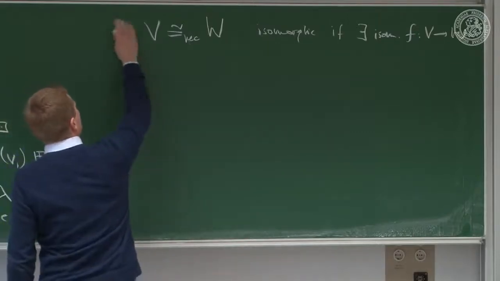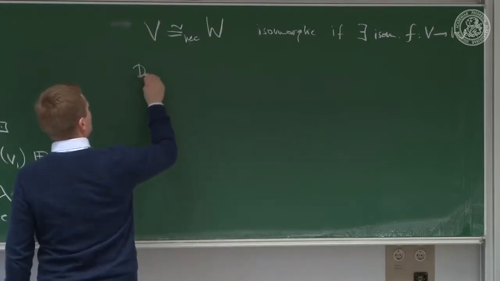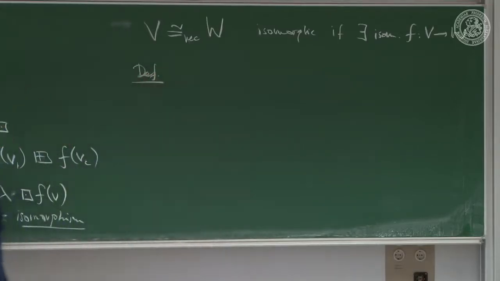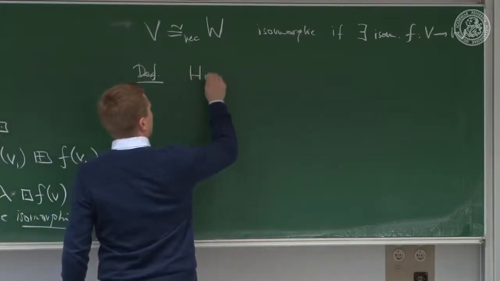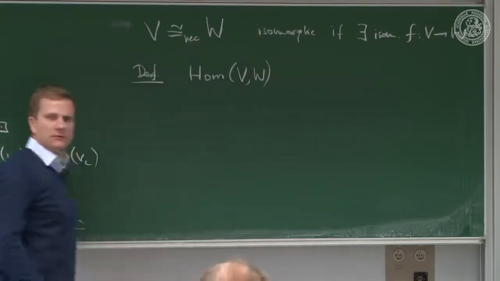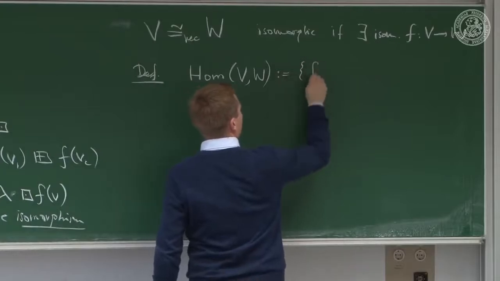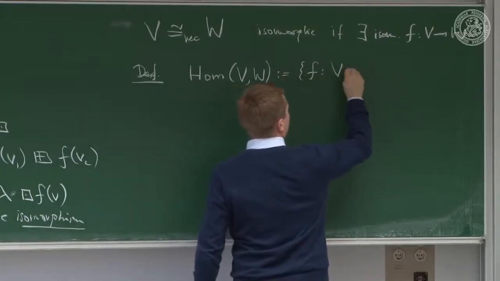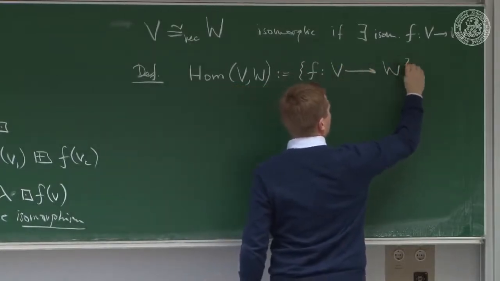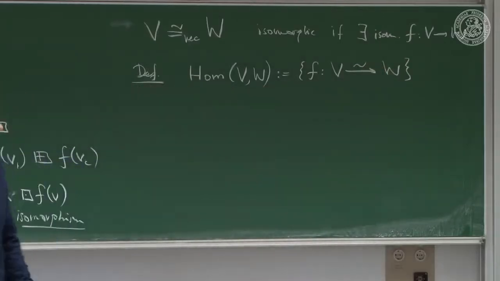Now, we come to a very important thing, and that is we can actually take all linear maps from V to W and define a new set, Hom(V, W). As a set it consists of all the functions f from a vector space V to a vector space W, and in the future I will just put a twiddle on the arrow.